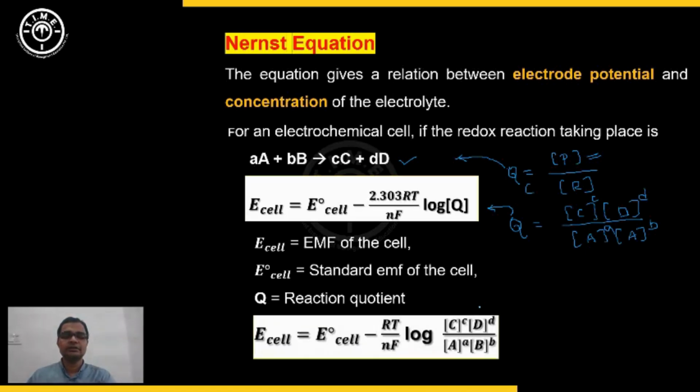Then you will get E cell is equal to E naught cell minus RT divided by nF multiplied by log of the ratio of the product of molar concentrations of the products to the product of molar concentrations of the reactants.